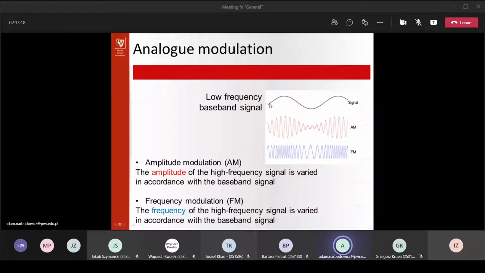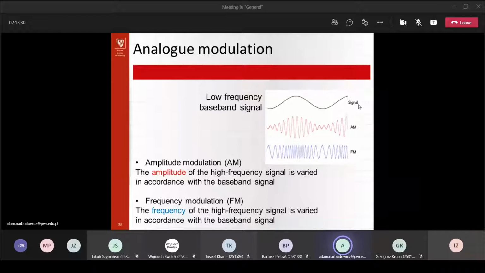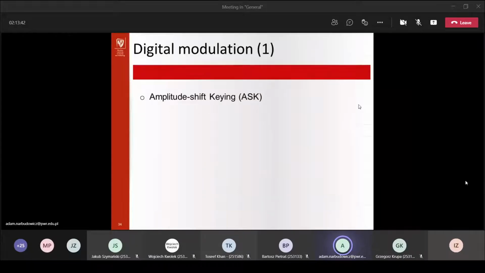The only difference is that instead of a continuous signal like a sine wave, you would observe a pulsed signal, basically a digital pulse signal. However, there's also one very popular way of doing modulation when we move to the digital.